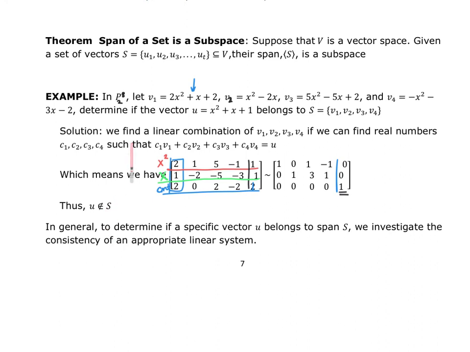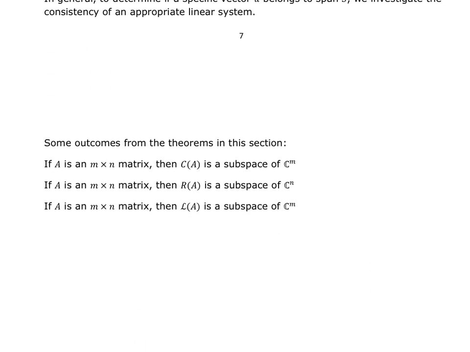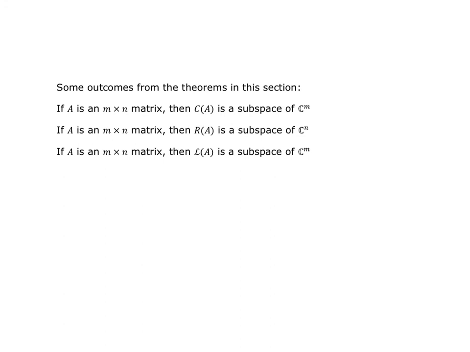That means that there's no linear combination of my spanning set S which will produce U. So in general, to determine if a specific vector U belongs to the span S, we just investigate the consistency of the appropriate linear system. So here's an example of my polynomials.